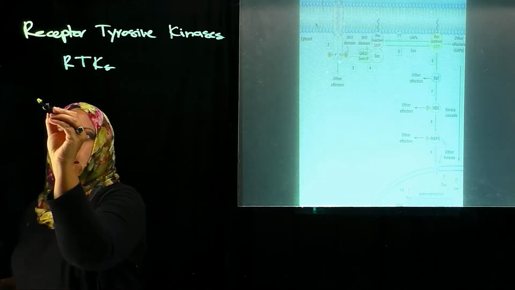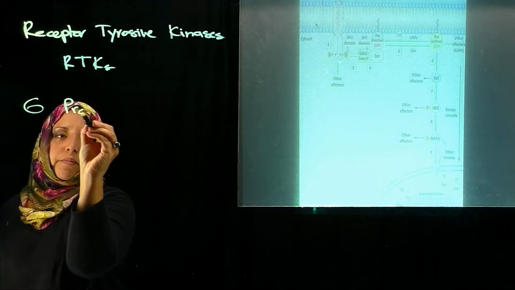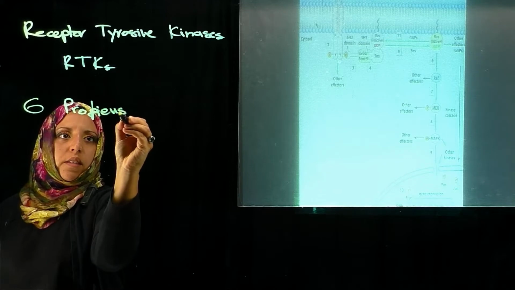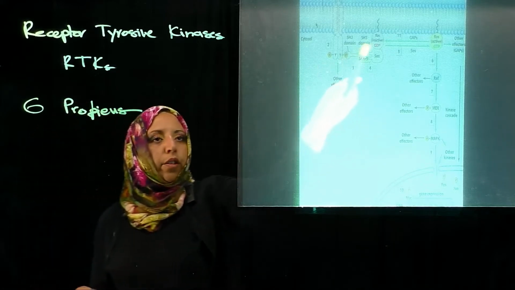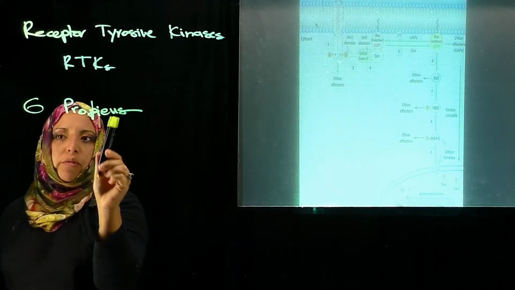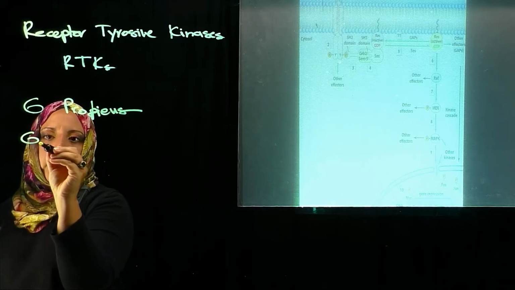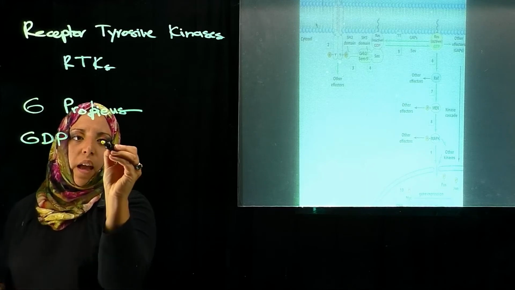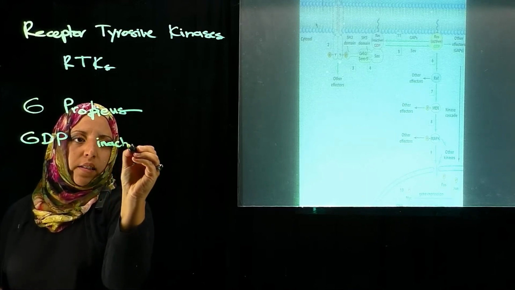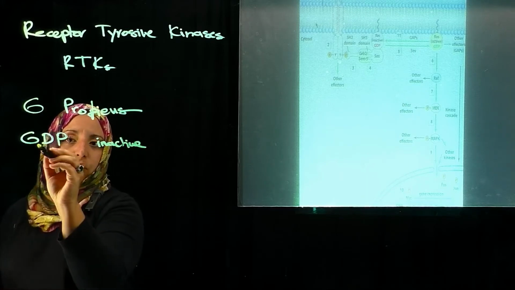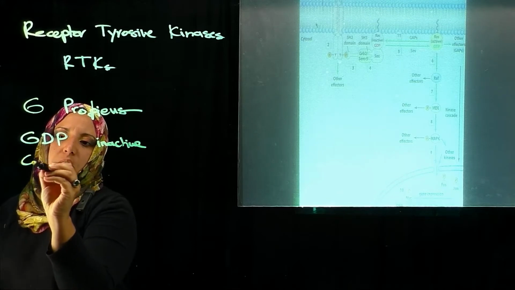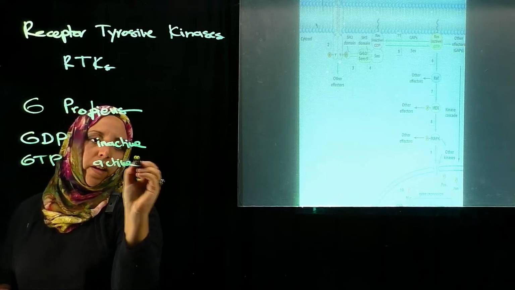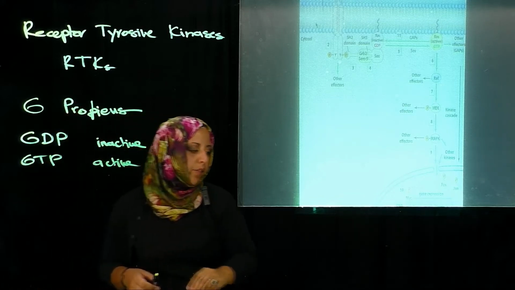So we'll also encounter G proteins, and we'll specifically encounter Ras in this video, but G proteins are bound to GDP in their inactive form, and they're activated when GDP is exchanged with GTP. Then they're active. So we're going to take a look at that as well.